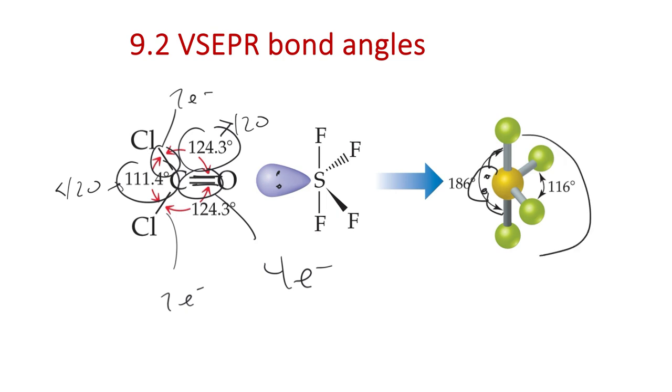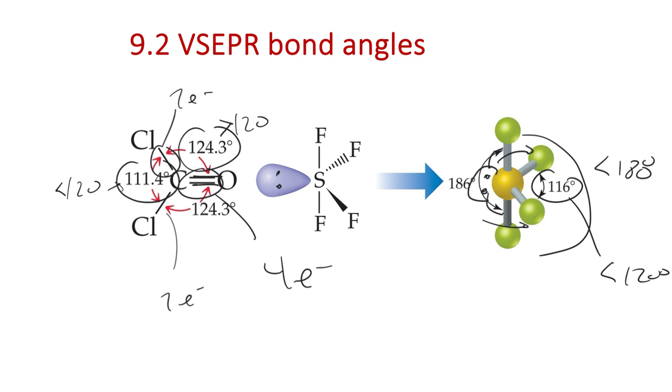If you look at the bond angle this way, I like to think of this bond angle here being less than 180 in the other direction, because the electron pair pushes the bond angle to be less than 180, just like this bond angle here is less than 120. It should have been perfectly 120 if it were perfectly trigonal bipyramidal, but it's a little less than 120 due to the lone pair pushing those bond angles closer together. The lone pair has greater repulsions on the bond pairs than the bond pairs do with each other.